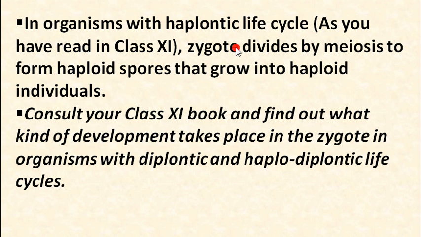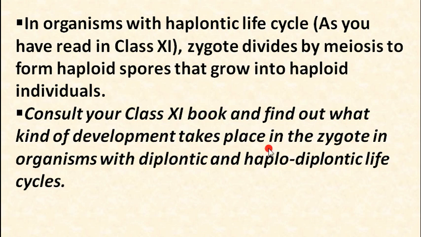Okay, haplontic, diplontic, haplo-diplontic. So the zygote divides by meiosis. Meiosis is the process of cell division. So zygote will be divided by meiosis to form the haploid spore, and that grows into the haploid individual, meaning a haploid new organism will grow.